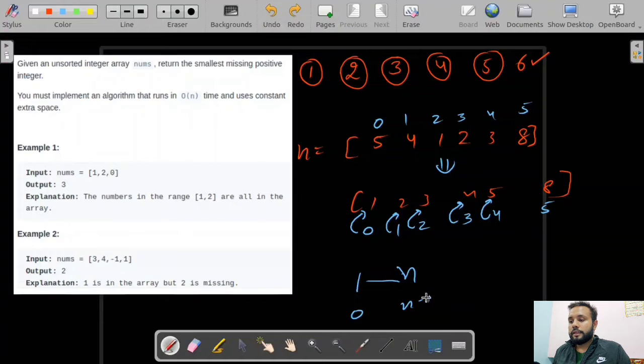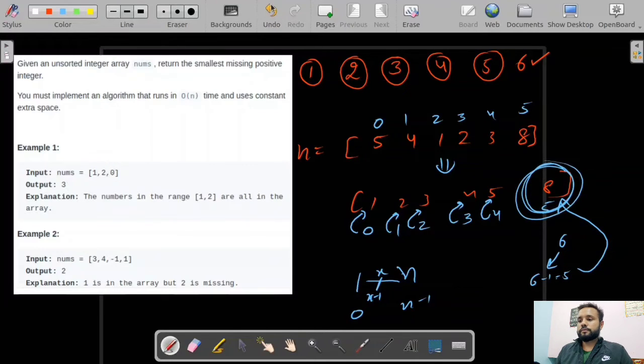then let's say a number x is missing, it means index x minus 1 will contain some other number. Like in this situation, number 6 is missing, and 6 minus 1, that is 5, index 5 contains some other number.